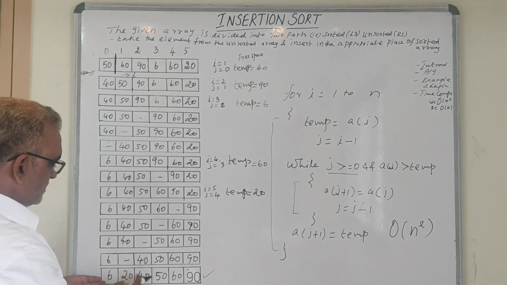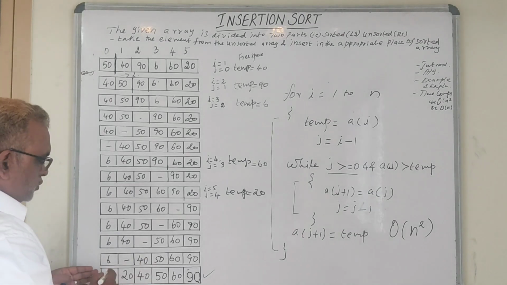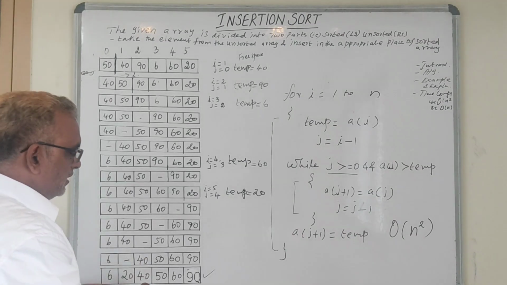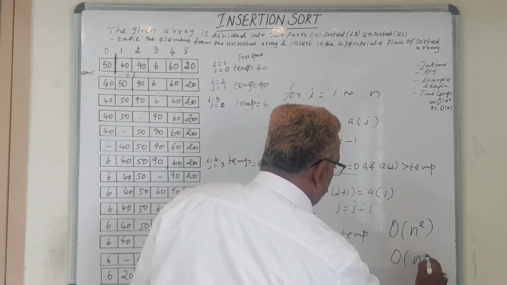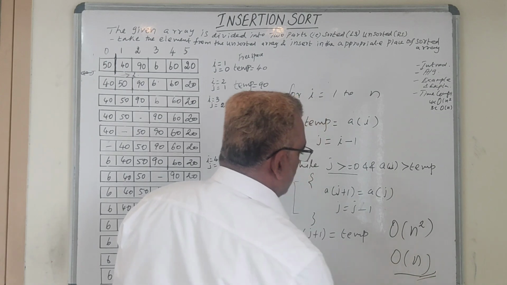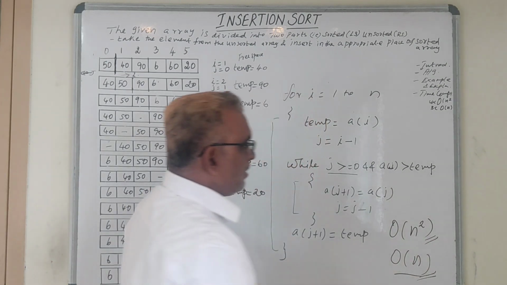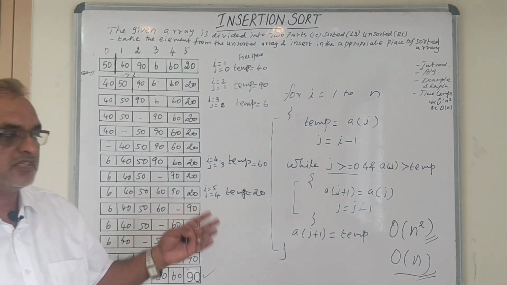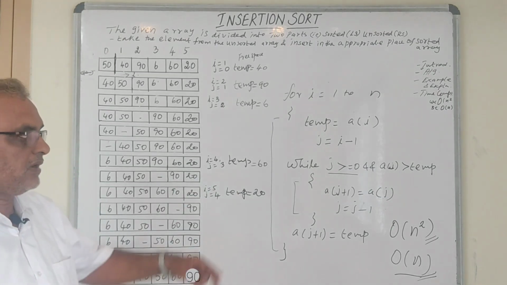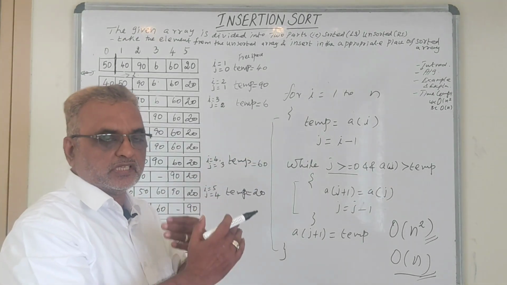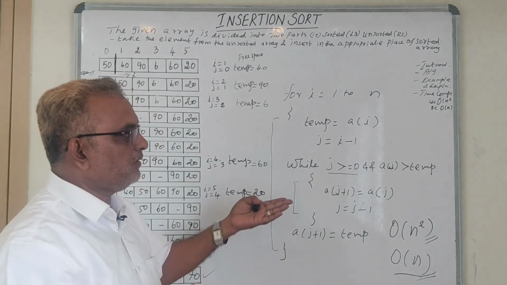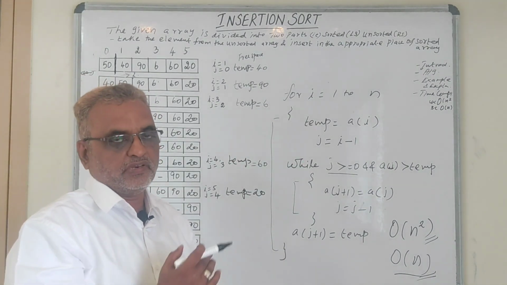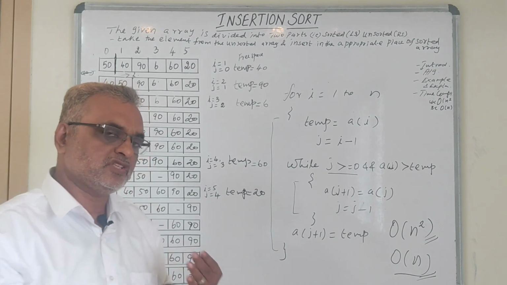Then you get the time complexity as order of n. This is for the best case. For the worst case, the time complexity for insertion sort is n square. Wherever we have two loops, we will have this n square.